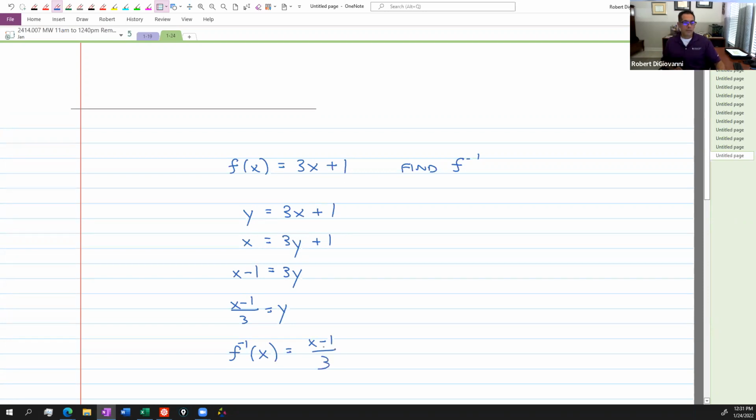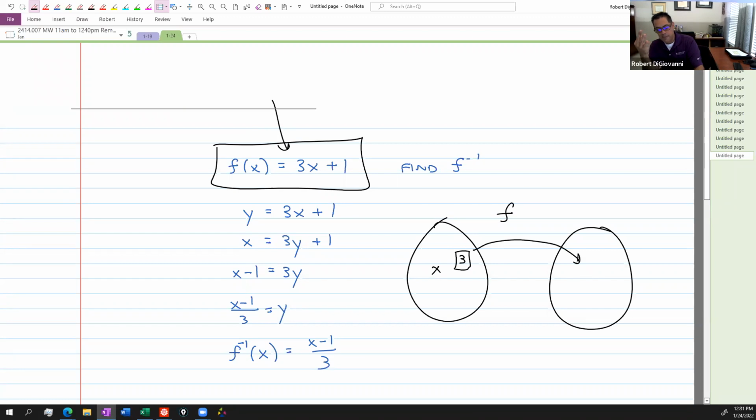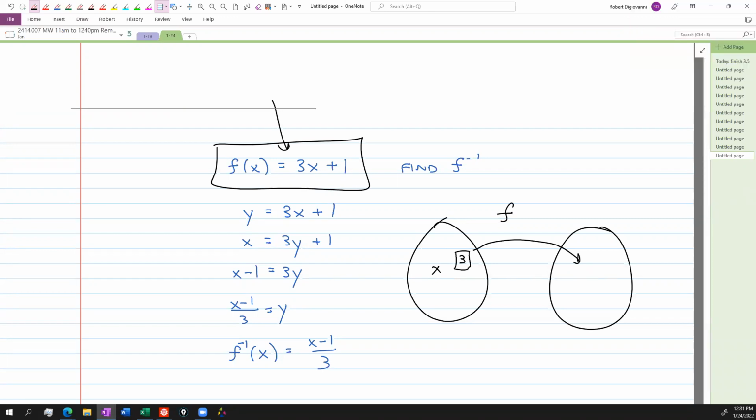Okay, so the way this works is this. If you give me an x, send it through the function, it's going to spit out some value. Let's just plug a value in. How about 3? If you take 3 and plug it into this function, what does it spit out? 10. 10, thank you.